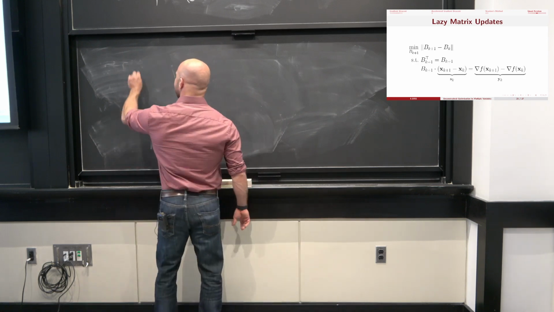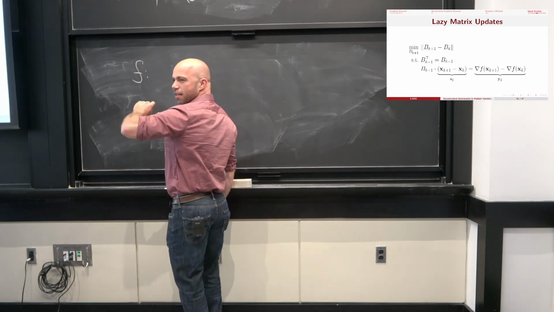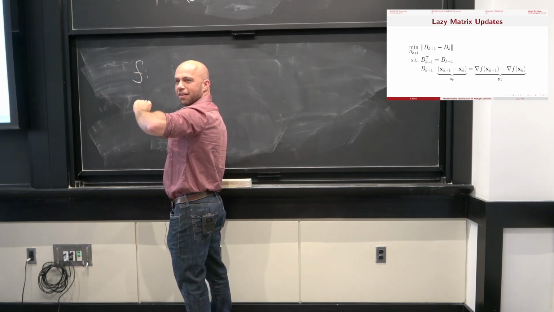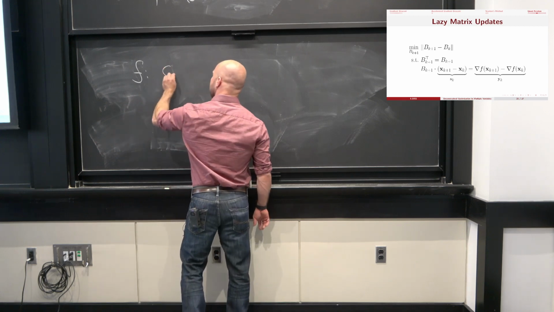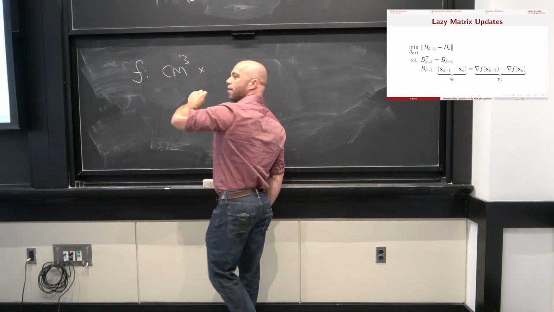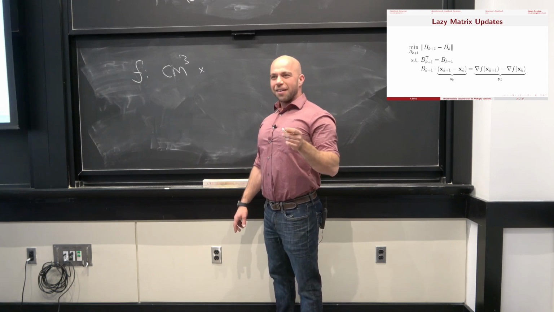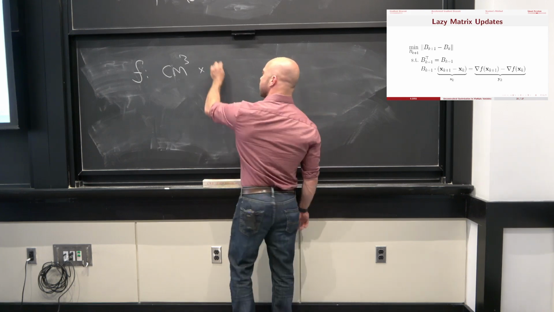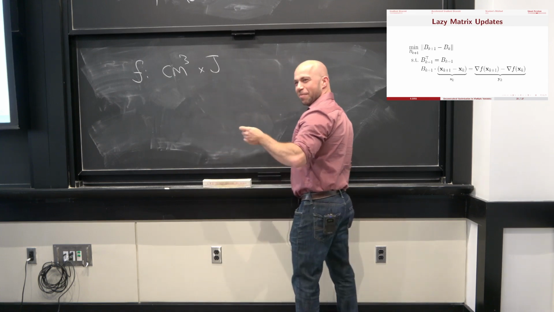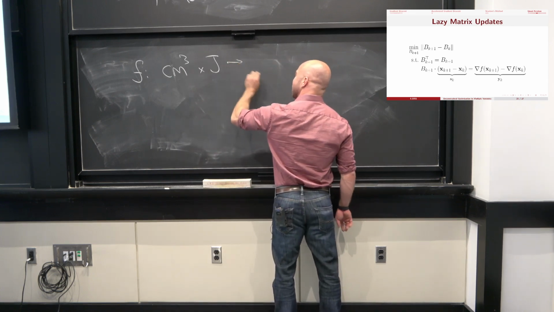So f takes what units of water? About centimeters cubed. What are the units of light energy? Joules. I don't know if that's really the case, but in any event.